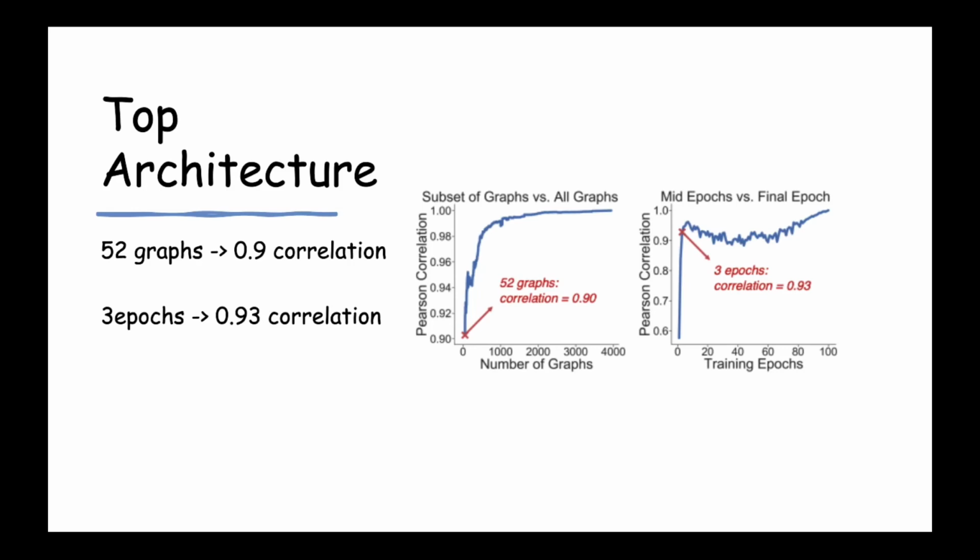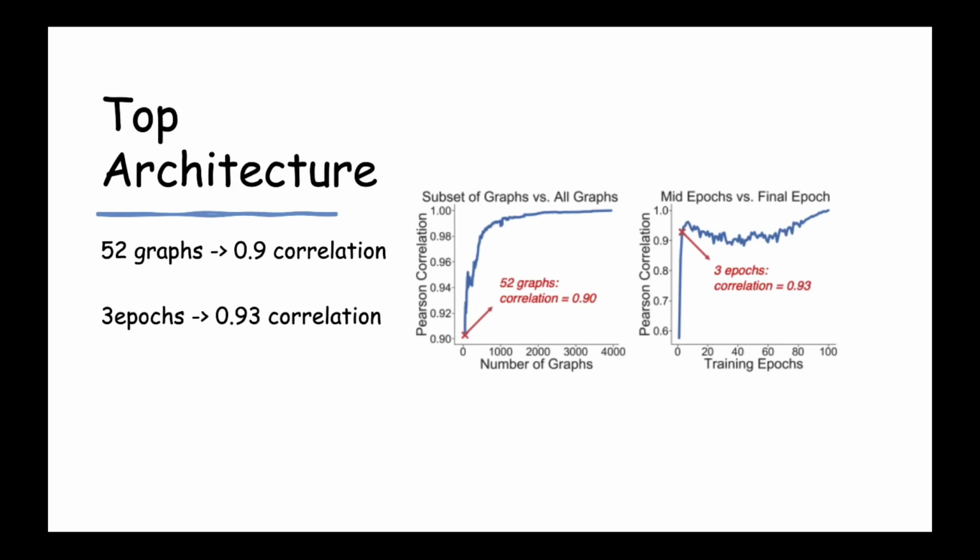For the epochs part, using the same dataset, we compute the correlation between the validation top-1 error of models trained for only a few epochs, and the validation top-1 error of models trained for the full 100 epochs over the 52 sampled relational graphs, as we can see on the right-hand side of the graph.